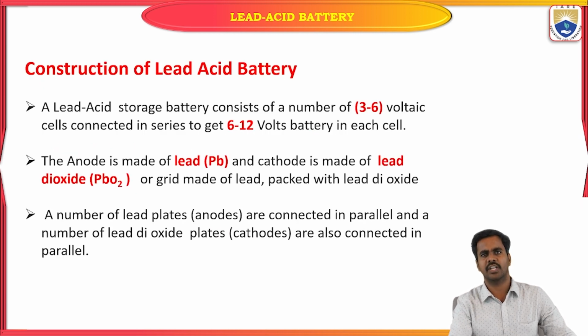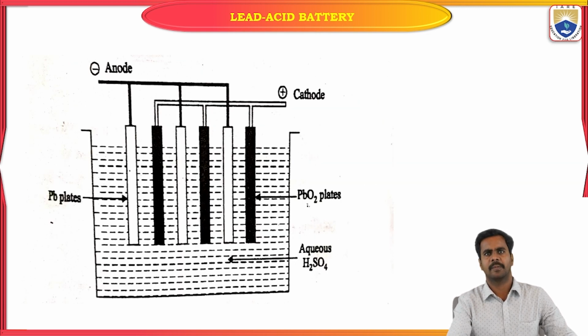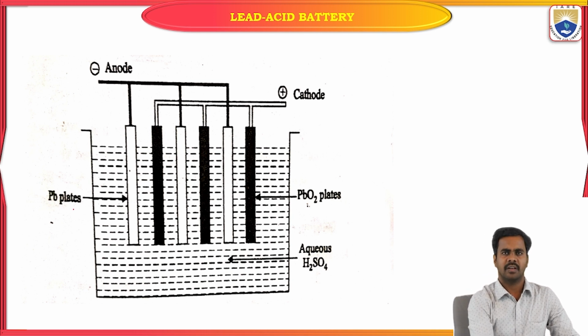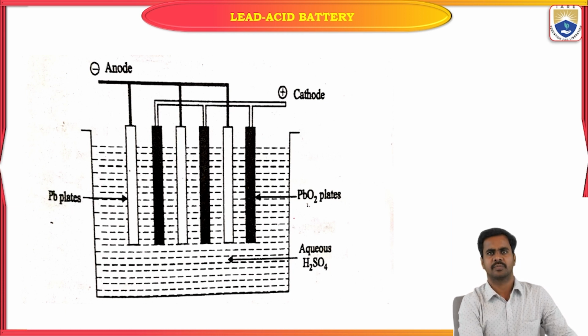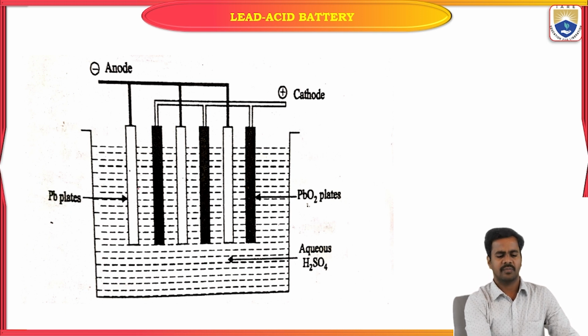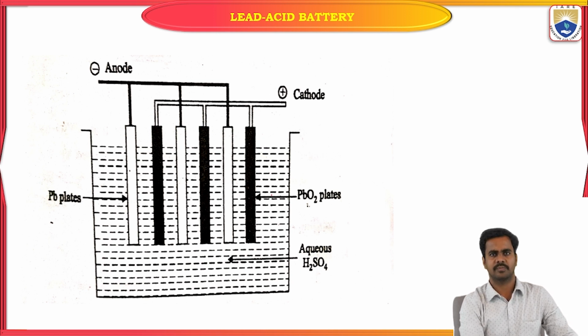So coming to the construction, let us see the construction of lead-acid battery. Here, lead plates and PbO2 plates are dipped in the electrolyte, that is aqueous H2SO4. Lead plates act as the anode and PbO2 acts as the cathode.